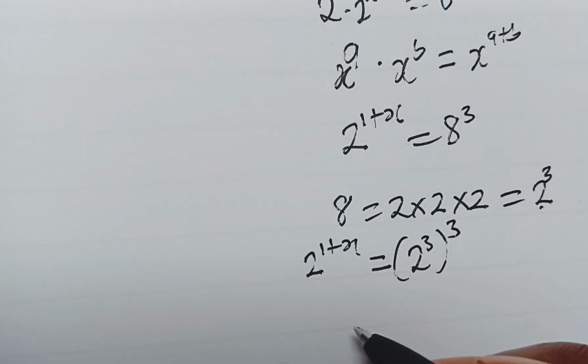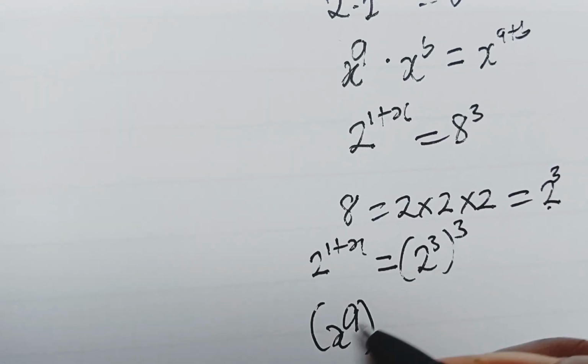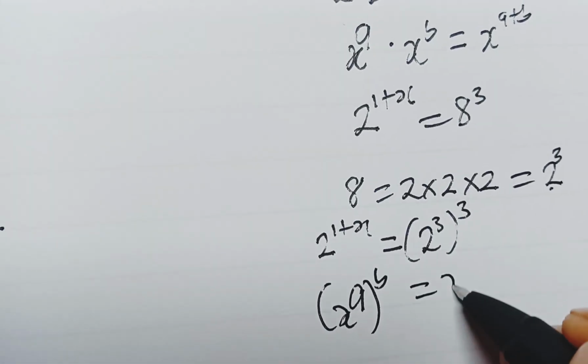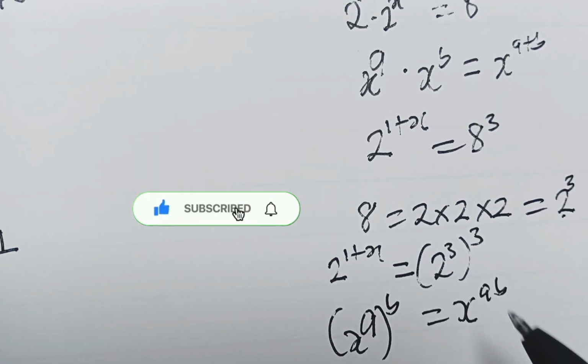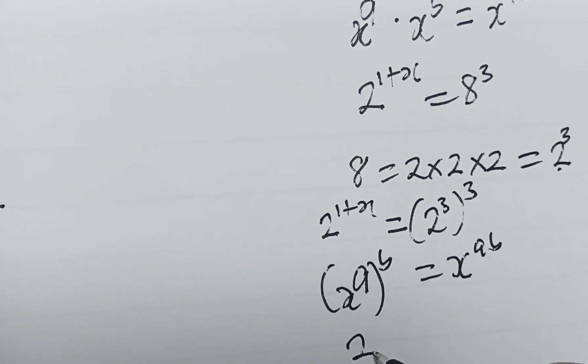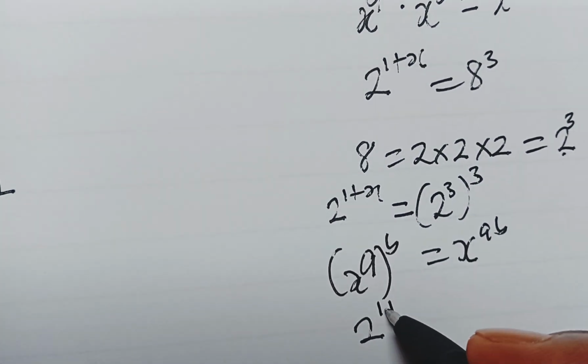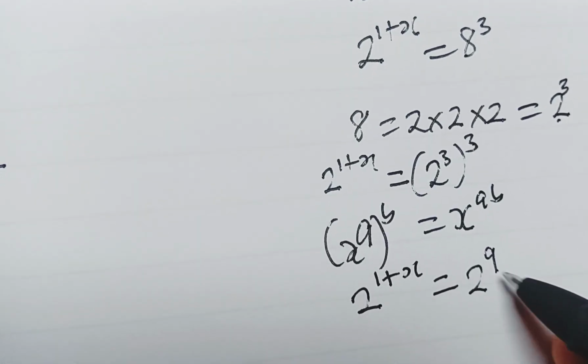From the law of indices, we know that any x to the power of a, to the power of b, is equal to x to the power of ab. So if we now multiply this, we'll have 2 to the power of 1 plus x is equal to 2 to the power of 9.